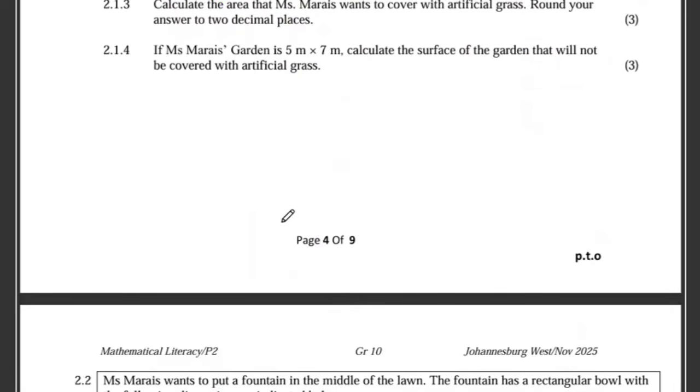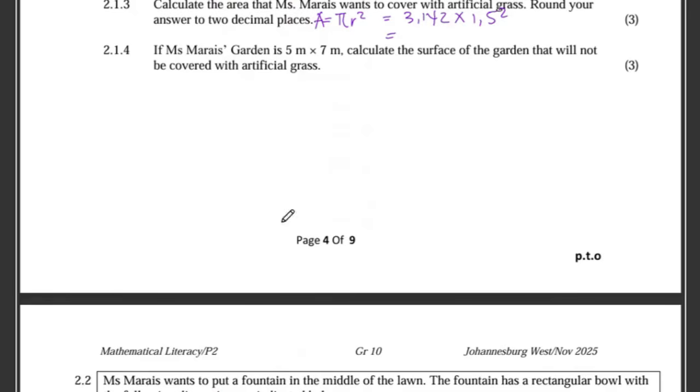Calculate the area that Mrs. Morris wants to cover with artificial grass. Round your answer to 2 decimal places. Now, as you know very well, the area to be covered is a circle. That means we shall use pi r what? Squared. Let's substitute 3,142. That's the pi times what we've just got, 1,5 squared.